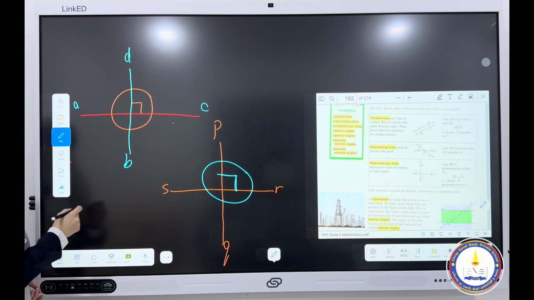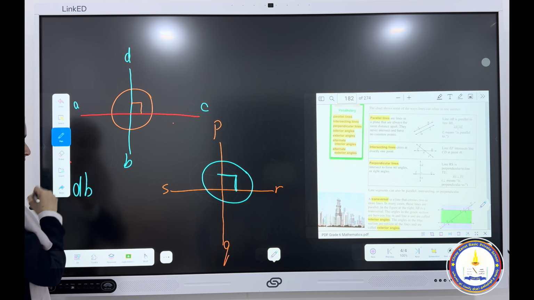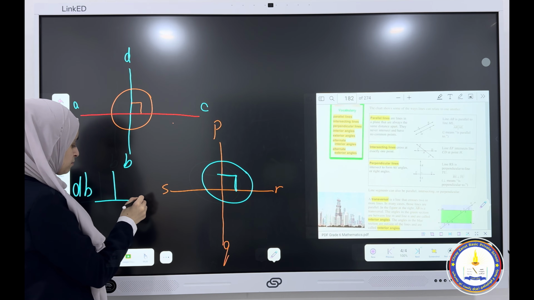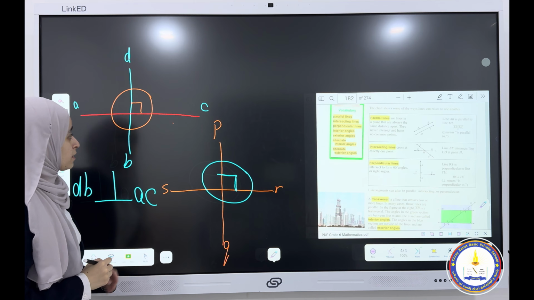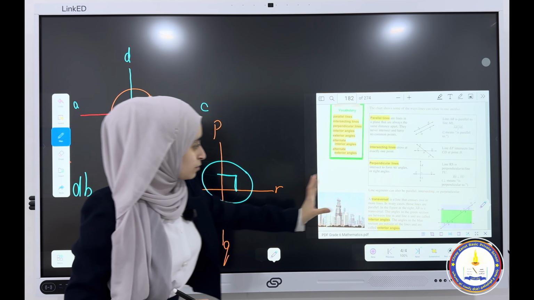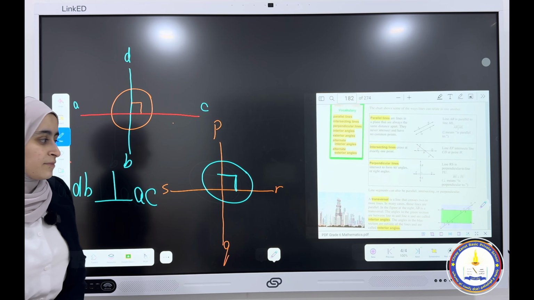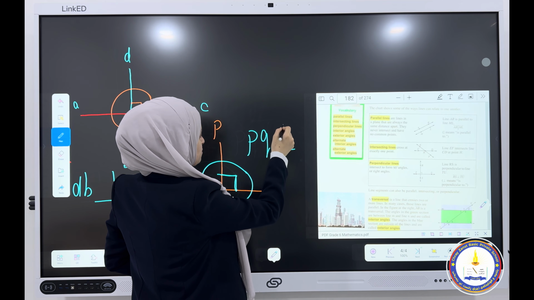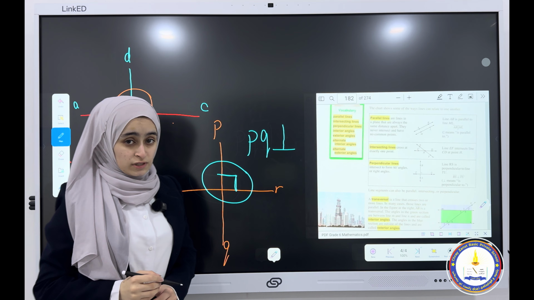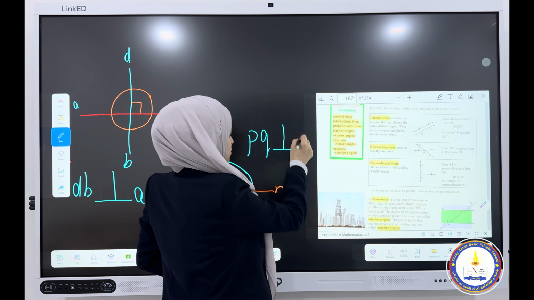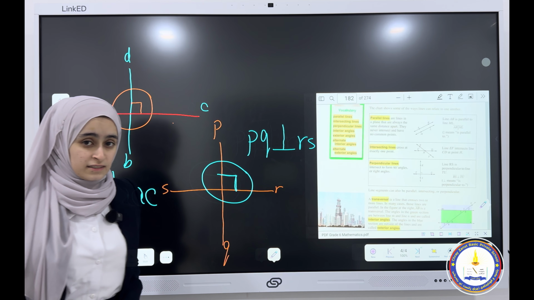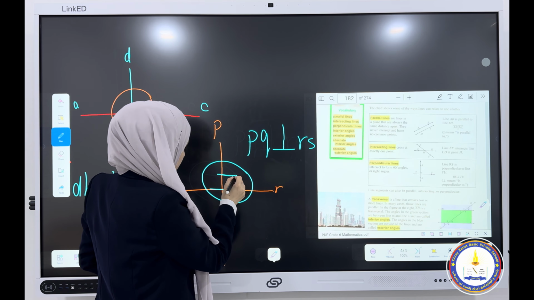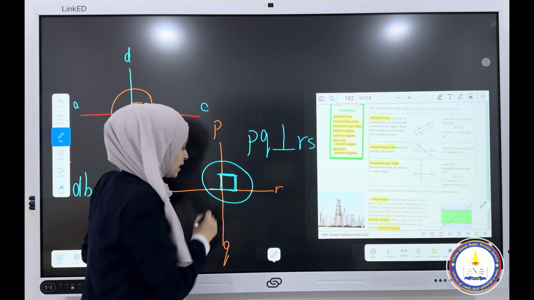So let's write this one. DB is intersecting AC at a point of 90 degrees. How about this one? We have PQ is perpendicular to RS. They meet each other at this point, where they form a right angle.